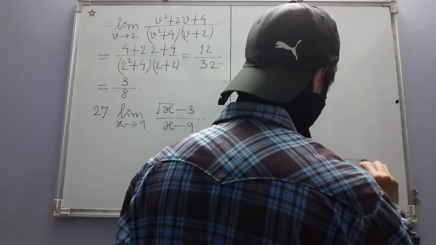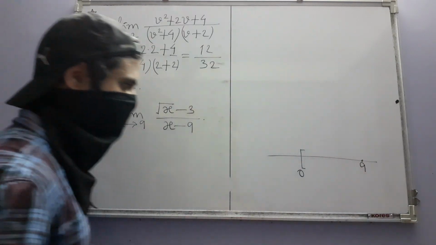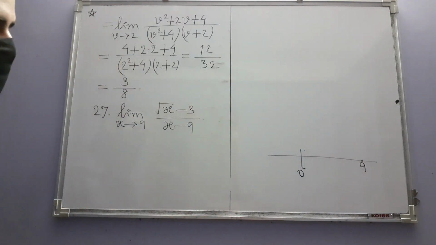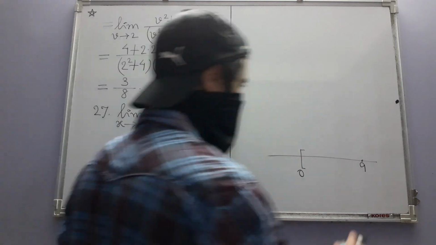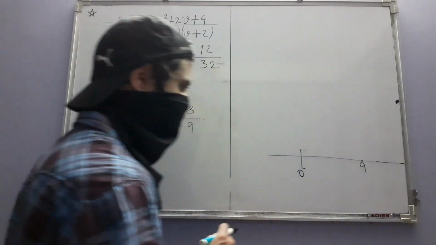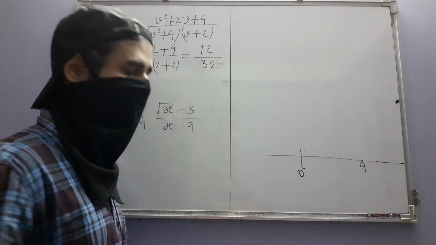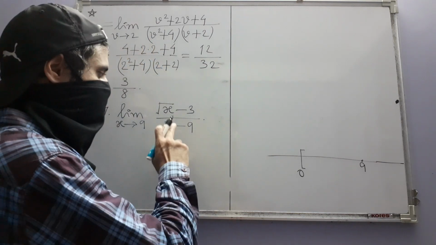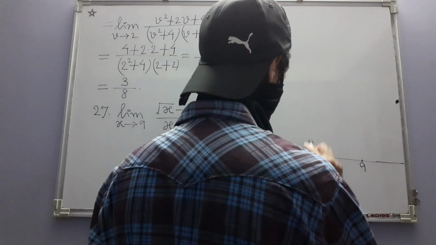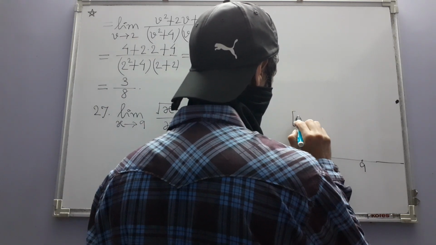And we have here a 9 somewhere to the right of 0. X can take any non-negative real value, but x cannot take 9. So the natural domain of this function is this.